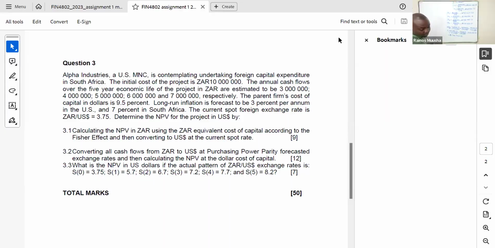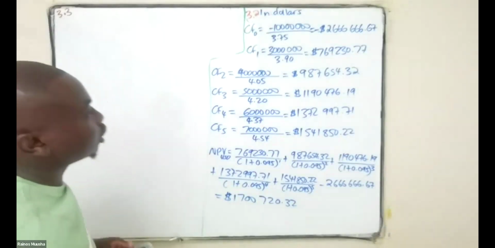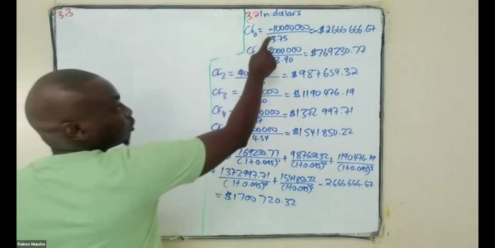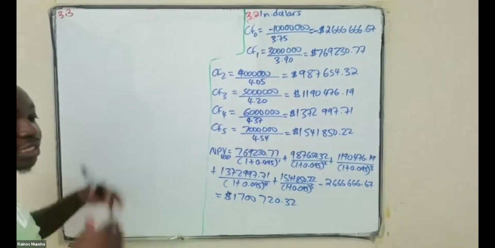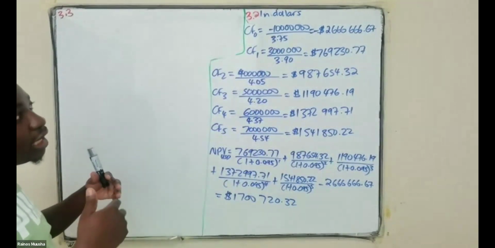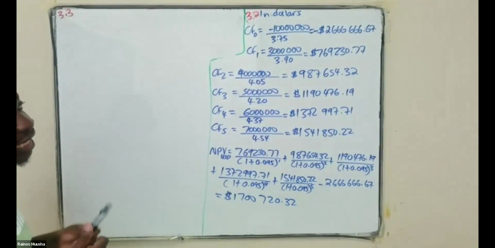So what we see is that the spot rate does not change. It remains the same because we know with certainty how much we can convert the currency into an equivalent amount in ZAR today.